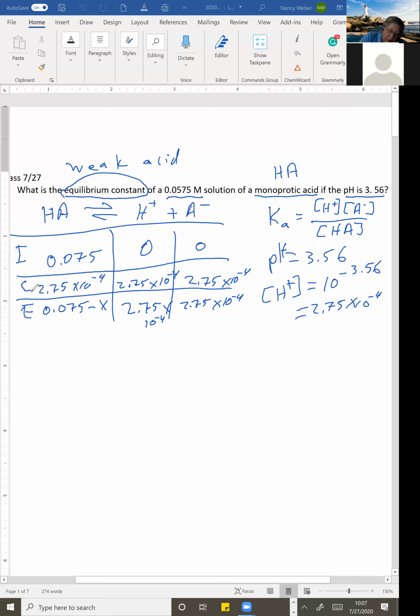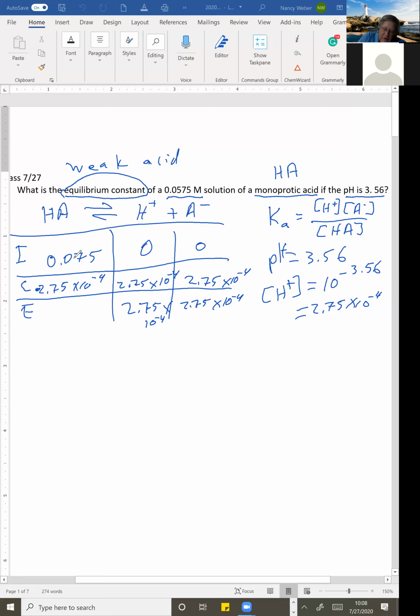But this one is going to have a negative sign. So that means we can change this. When I subtract out, and it's questionable which way.